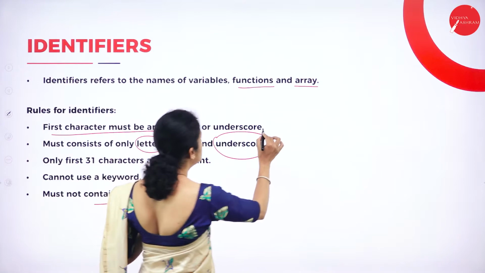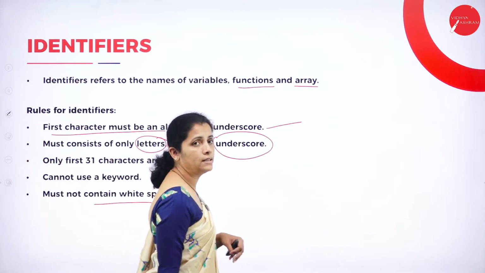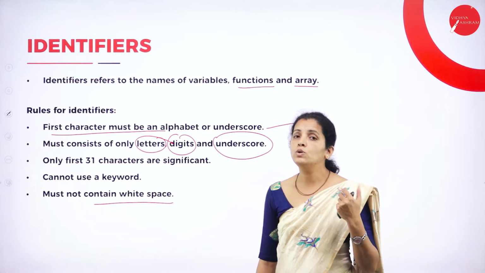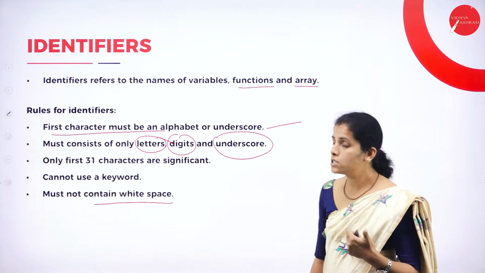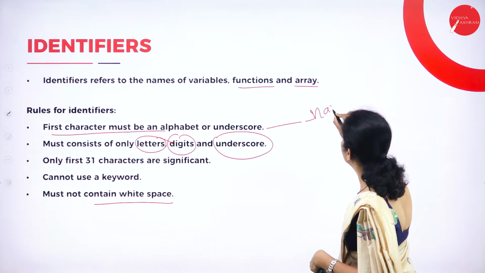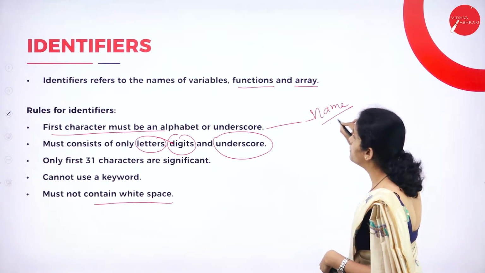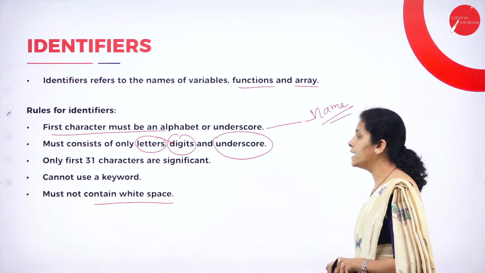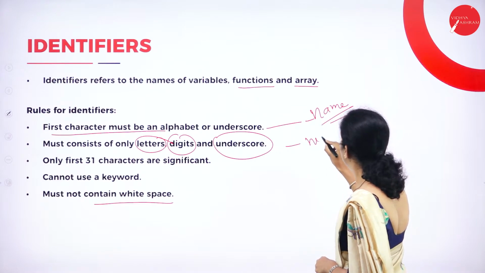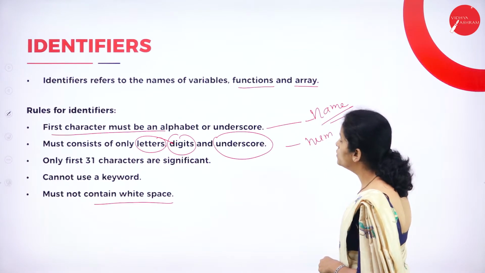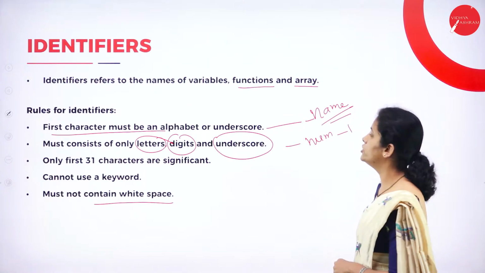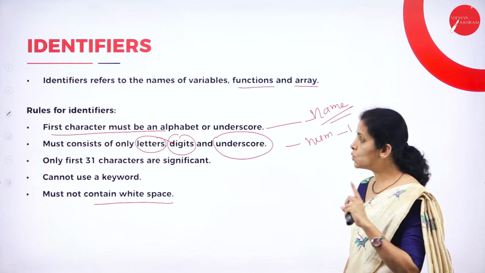Now for this, let me write the example. What is my first rule? I can start with an underscore. So I can write _name. This is a valid identifier. And second one, I can make use of letter, underscore, digit. So number_1.